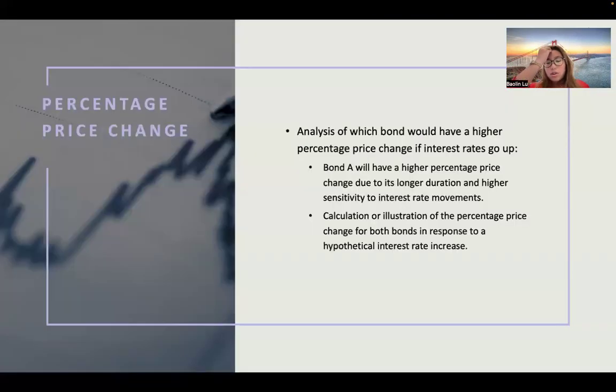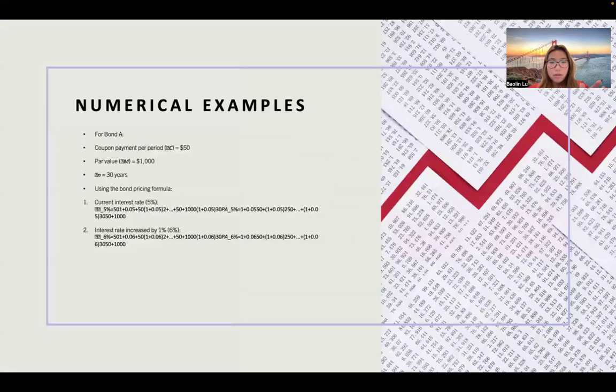Bond A will have a higher percentage price change due to its longer duration and higher sensitivity to interest rate movement. We're going to conduct more calculations of the percentage price change for both bonds in response to a hypothetical interest rate increase.